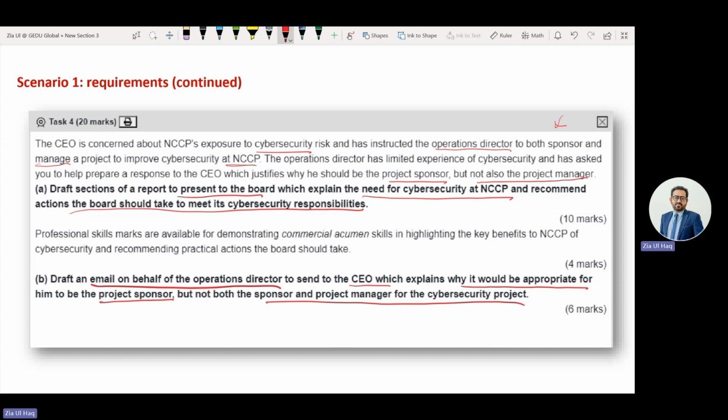Only this part B of this question was a bit different compared to other questions. If you have knowledge about sponsor and project manager, what they do in a project, you can discuss it for just 6 marks. It's not more marks. That's the only good thing. At least if we define what a sponsor is and what a project manager is, we can get marks easily.